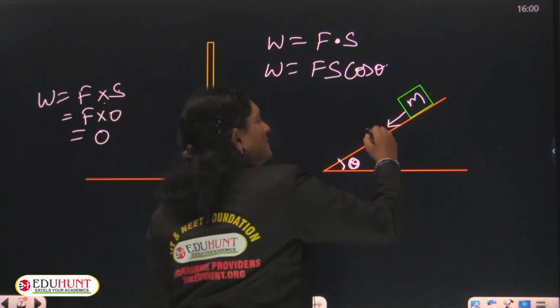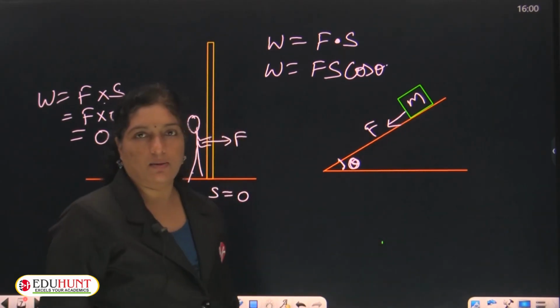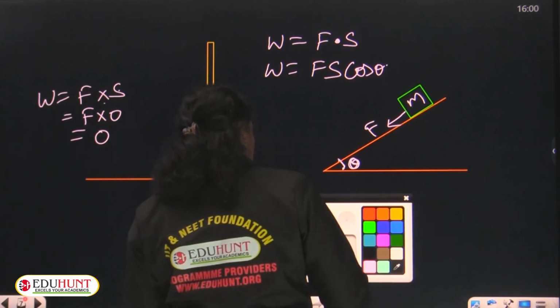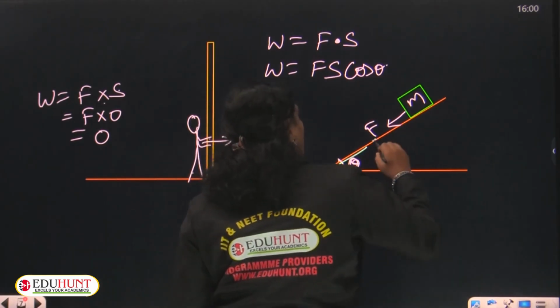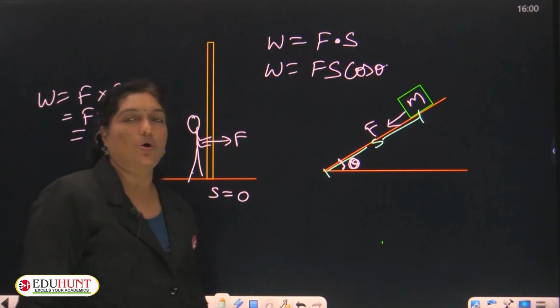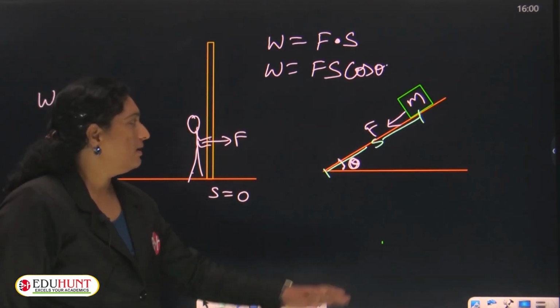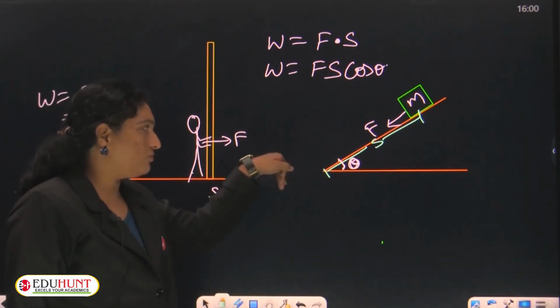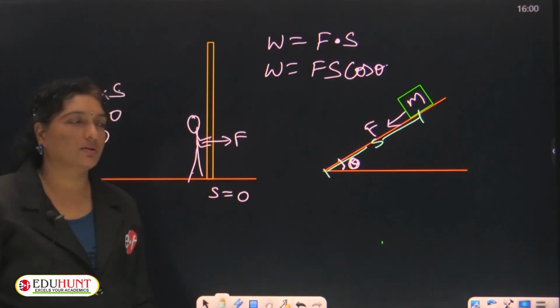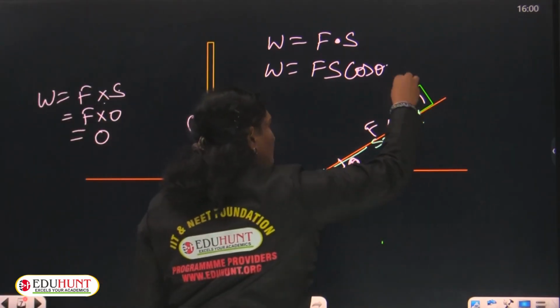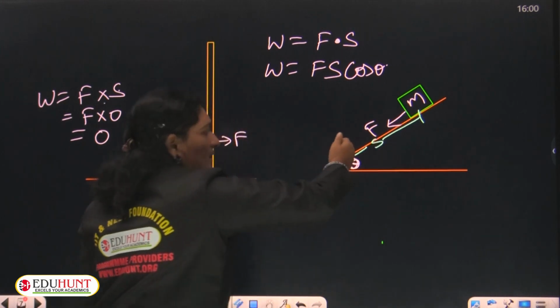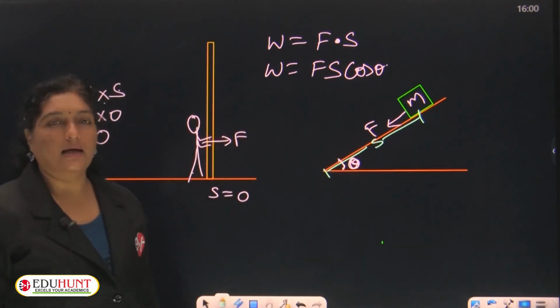This is the force acting on the body, and because of the force acting on it, some displacement is caused, whether it is moving downwards or upwards, let us not bother. So because of some force acting on the body, it moves a particular distance.